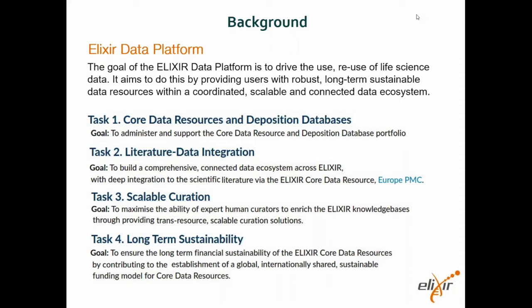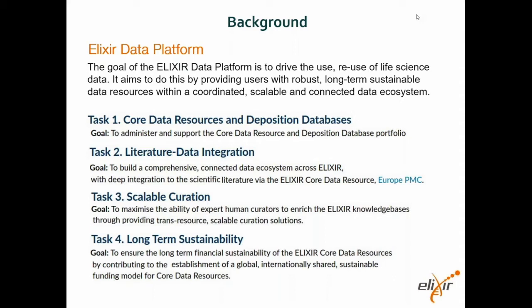The ELIXIR data platform work can be broadly divided into 4 aspects or tasks. The first aspect would be the administration and support of what ELIXIR calls the core data resources and deposition databases.